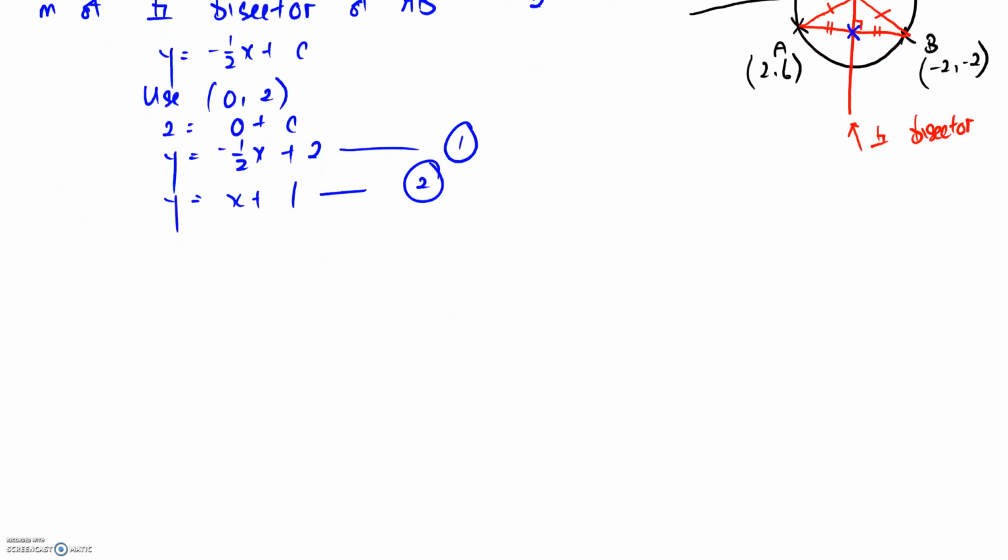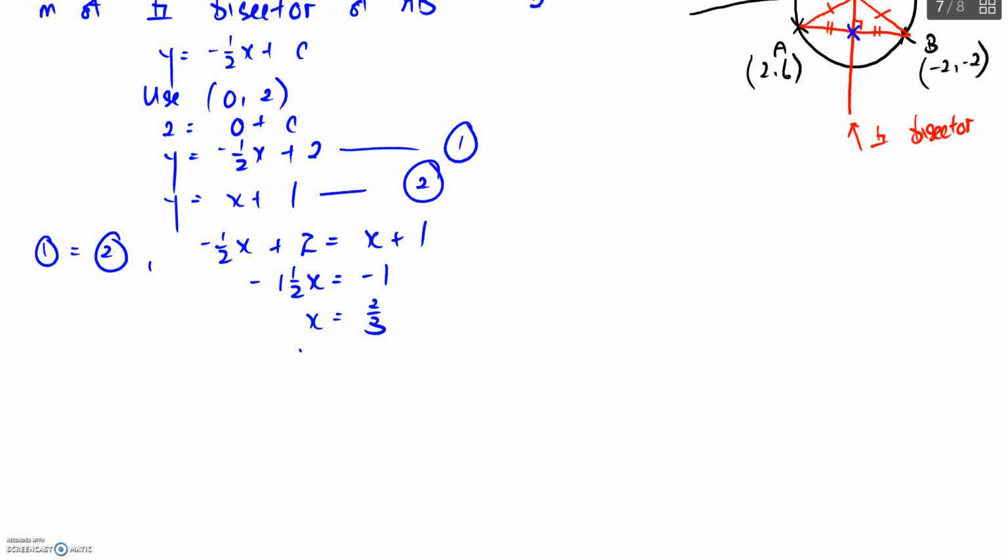So now our job is to solve for simultaneous equation to find the center of the circle, and find the corresponding value of y. Great. The center of the circle is found to be 2/3, 5/3.